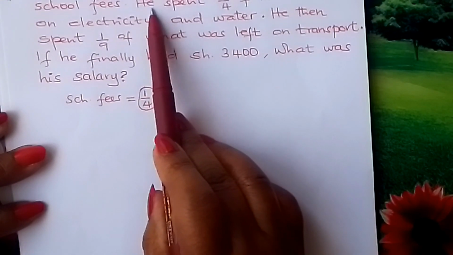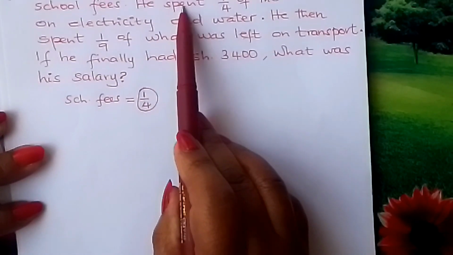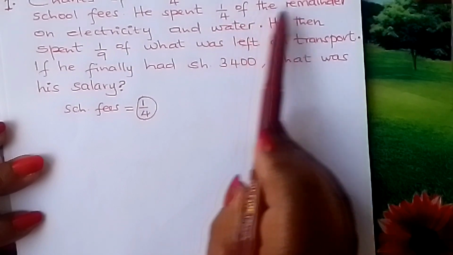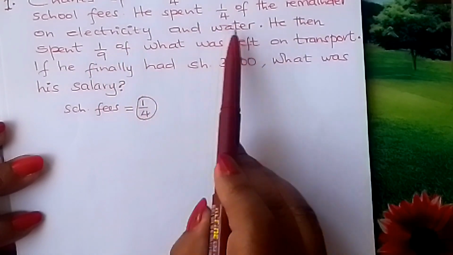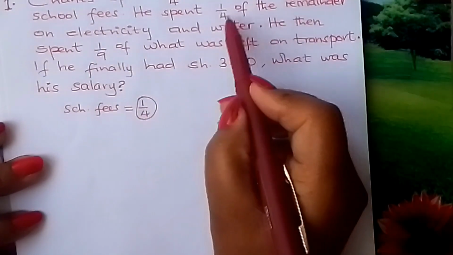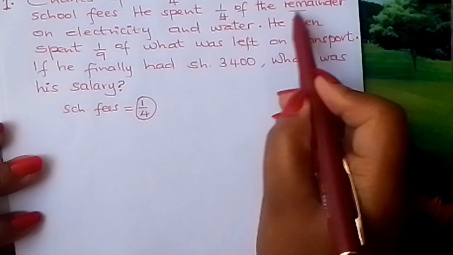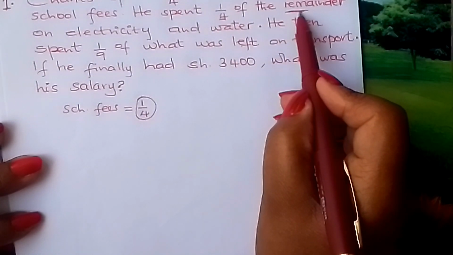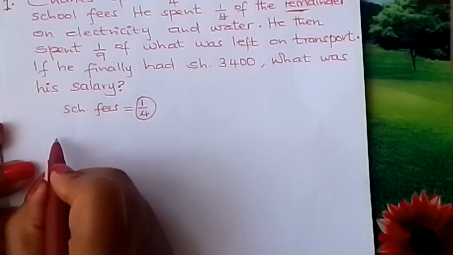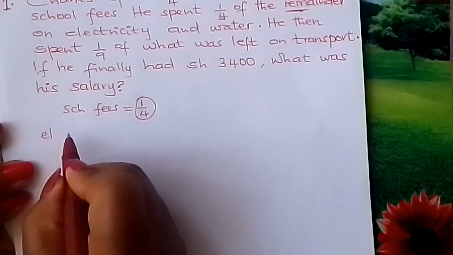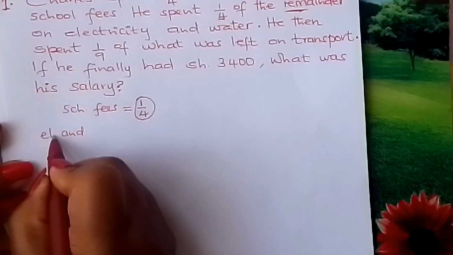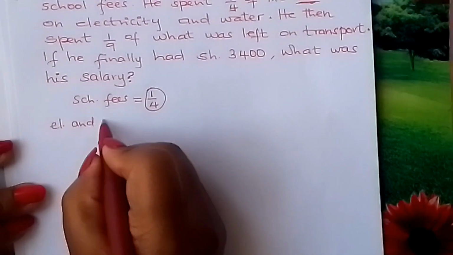We move to the second sentence. He spent a quarter of the remainder on electricity and water. You come and write here electricity, maybe you can write in short EL, and water.